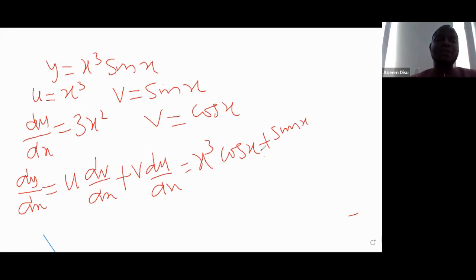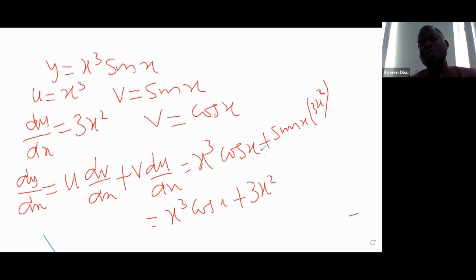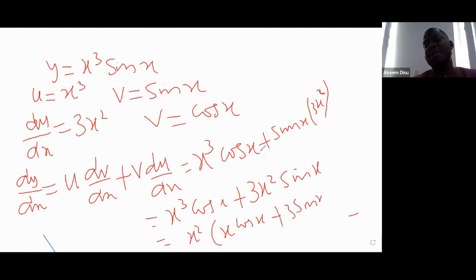Our du/dx is what? 3x squared. If you multiply together, we are going to have x cubed cos x plus 3x squared sin x. To show that you are very brilliant, you can factor out x squared. This will be x squared (x cos x plus 3 sin x).